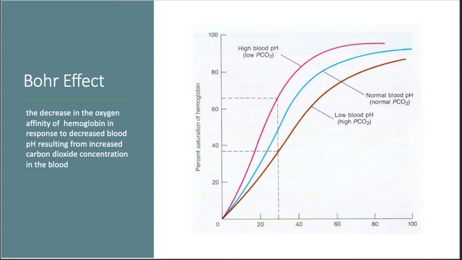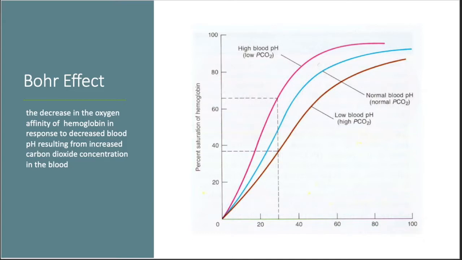So let's say you're in the gym, you get in there, and you sometimes feel that burning sensation in your muscles and your tissues. That's because you're increasing your metabolic rate and the need for O2 as well. This causes a buildup of CO2 and a buildup of lactic acid.